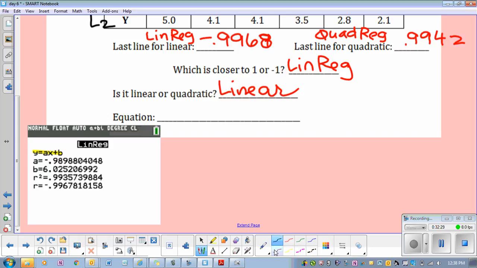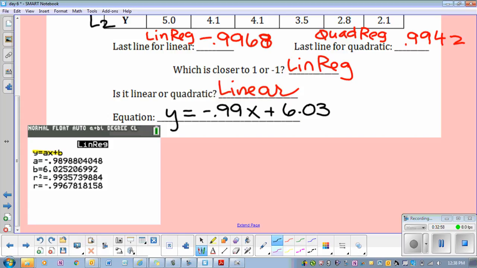So your equation is y equals, what is a? Negative 0.99, x plus b, so plus 6.03. We're going to round it to 2 decimal places. That's all you're doing.